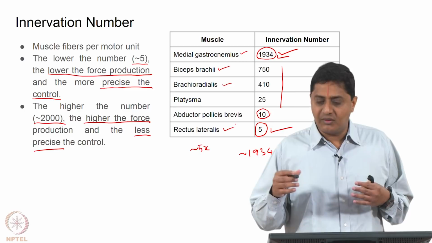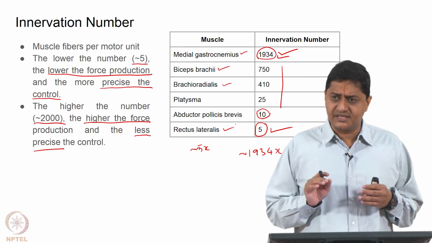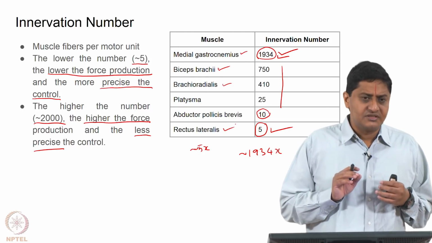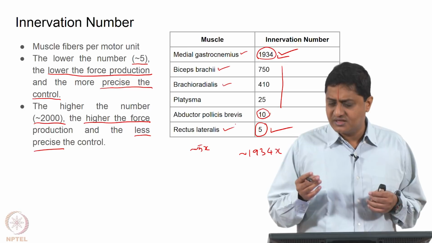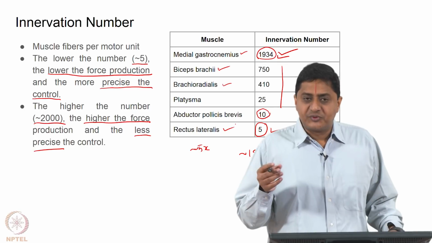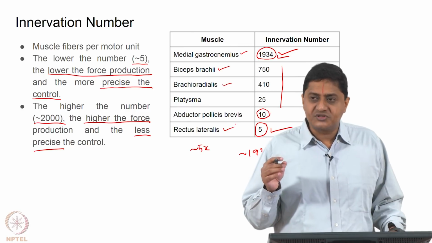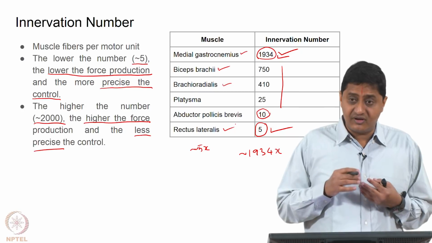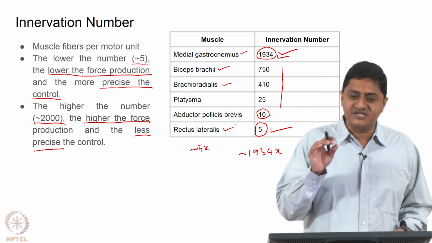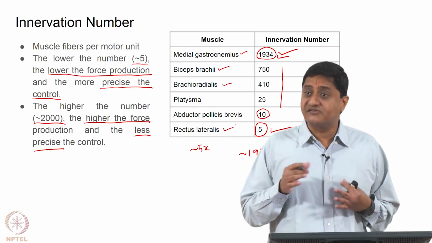So, about 20 to 50 motor neurons innervate a muscle. The amount of force produced by a given motor unit can be as small as 5% of the total force that is produced, or as high as 75%. The volume of muscle occupied by the fibers innervated by one motor neuron can sometimes be as high as 75%.